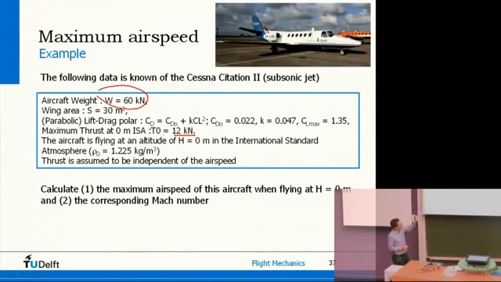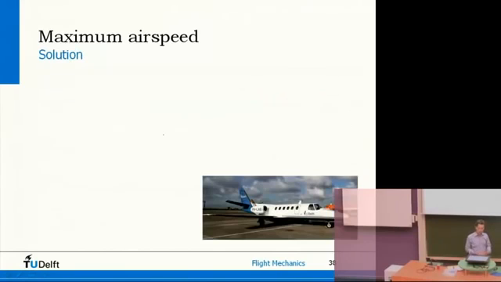And we have some parameters for the aerodynamic drag. So a zero lift drag coefficient of 0.02 and a maximum lift coefficient. This aircraft has high lift devices, some flaps at the back, of 1.35. So let's see how we calculate maximum airspeed for this aircraft.